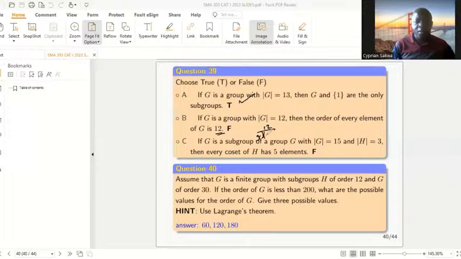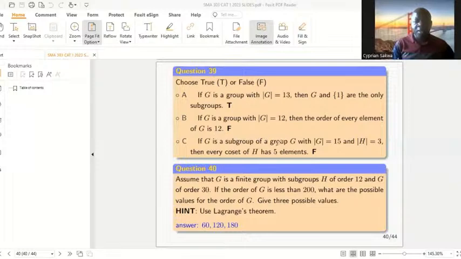Now, supposing you have element 3, then it will be the GCD of 3 and 12. What about if it's 6? GCD of 6 and 12.